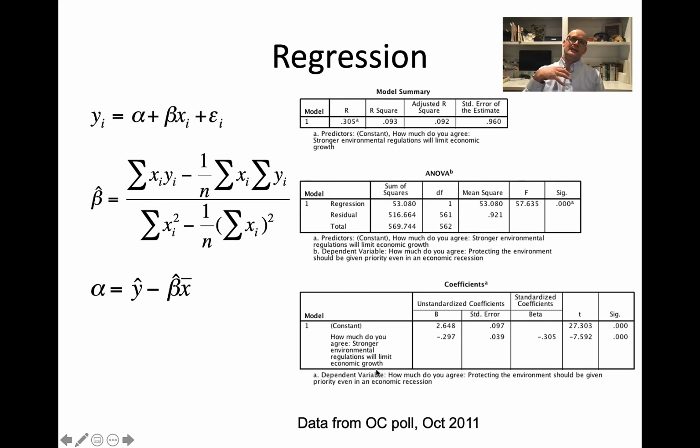So we think there's a relationship between your perspective about environmental regulations limiting economic growth and whether we should protect the environment in an economic recession. So X down here is the predictor, environmental regulations, and Y is protecting the environment should be priority. All right, cool. So we draw this line using the math.